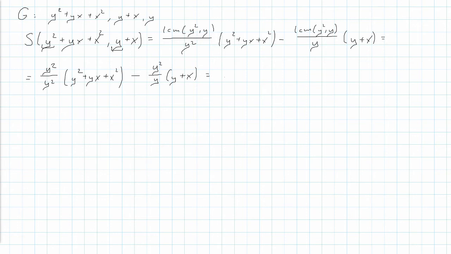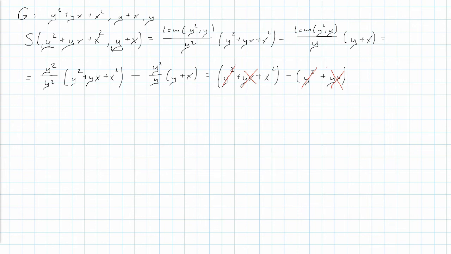So we have y squared plus yx plus x squared minus y squared plus yx. The S-polynomial is designed in such a way that the leading terms must cancel, so these cancel. In this case, in addition, we have cancellation of these terms, but that is not standard; the leading terms must cancel.